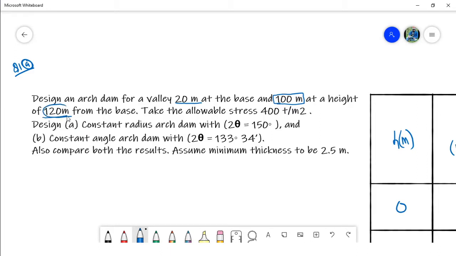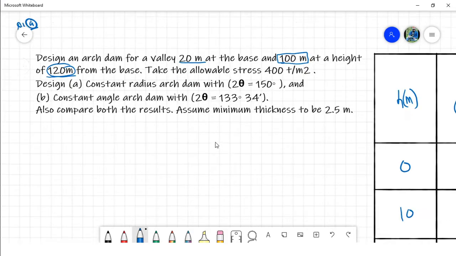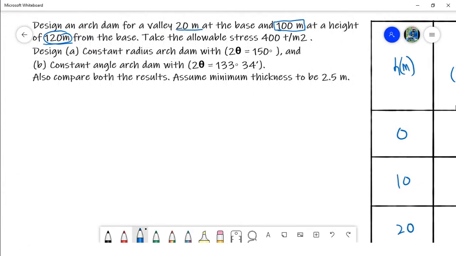The top width of this valley is 100 meter at the top, which is at 120 meter from the base. It means that suppose this is a valley, and this valley is say 20 meter at the base, and this is 100 meter at the height of 120 meter from the base.